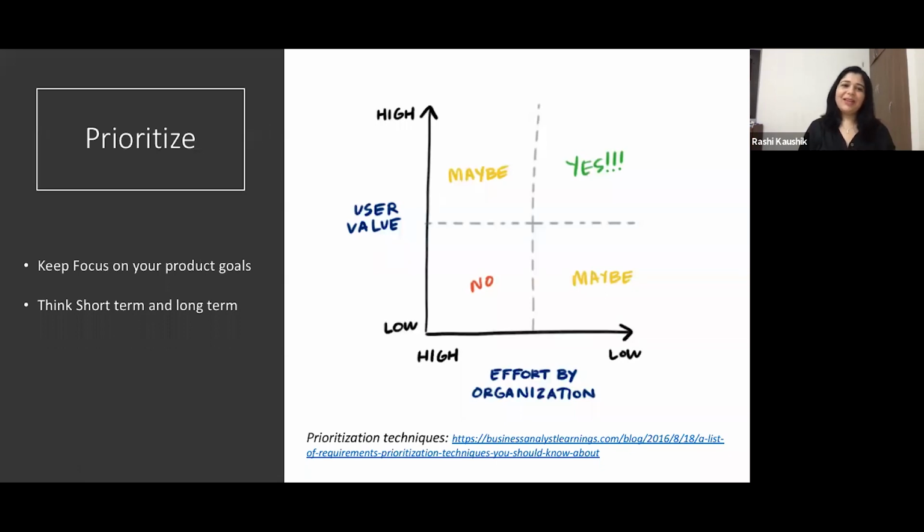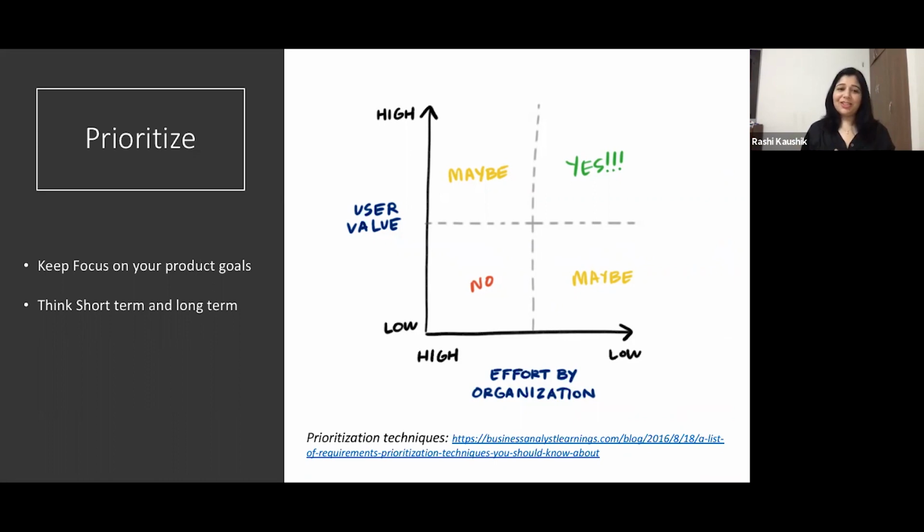Next, now that you've categorized your items within a certain customer problem or a theme, the next thing is to prioritize those items within that theme. A list of things without a clear hierarchy of importance can make it extremely difficult for everyone to stay focused, and you will not be able to get anything done.